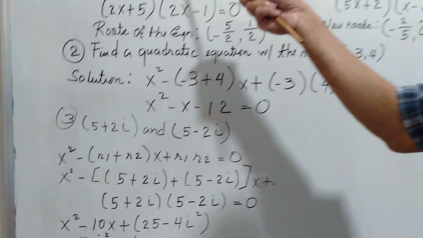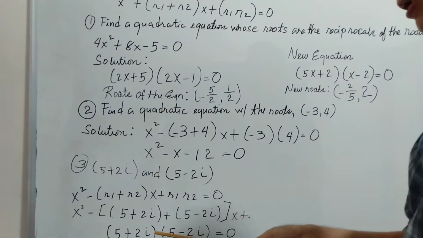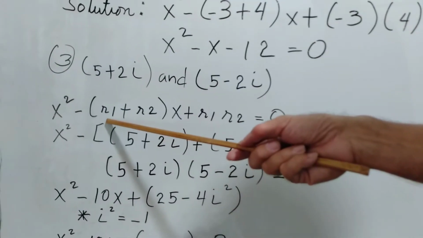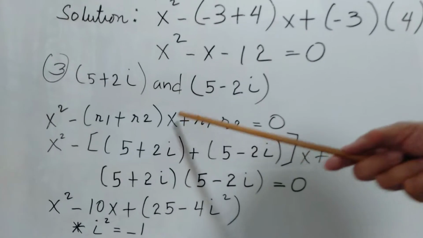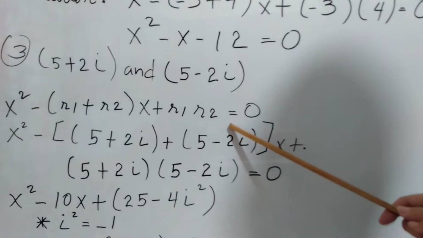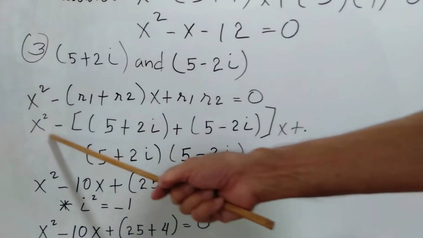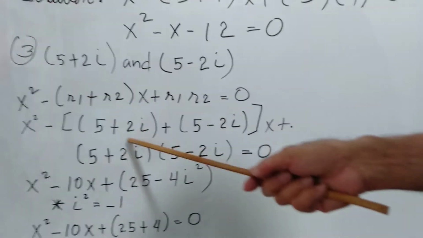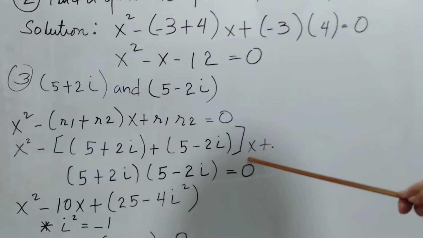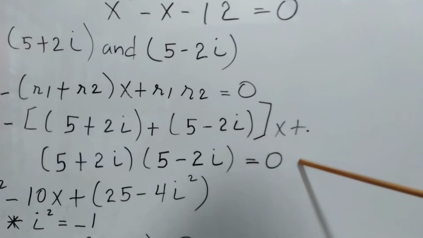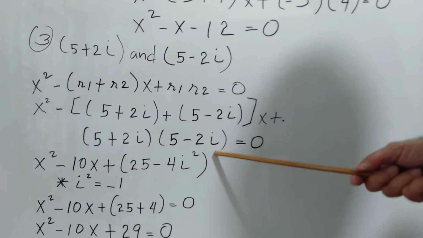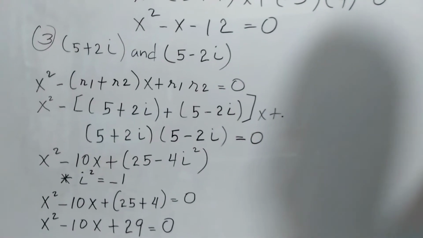We use this formula here: x squared minus r sub 1 plus r sub 2 times x plus the product of r1 and r2 is equal to 0. So x squared minus r1, which is 5 plus 2i, plus r2, which is 5 minus 2i, times x plus the product of these two, which is 5 plus 2i times 5 minus 2i, and that will be equal to 0 also.